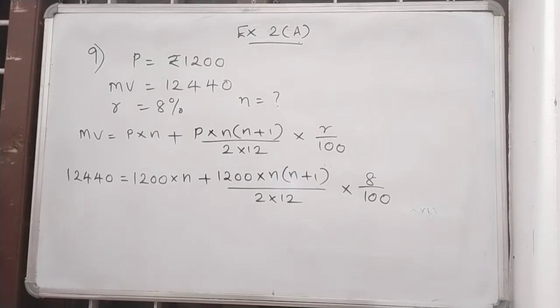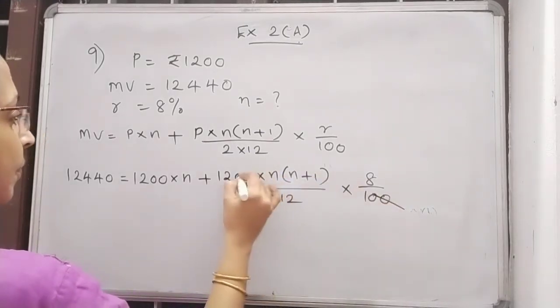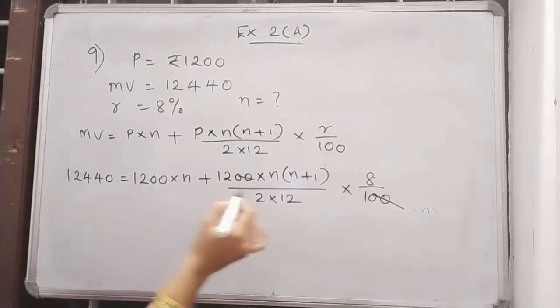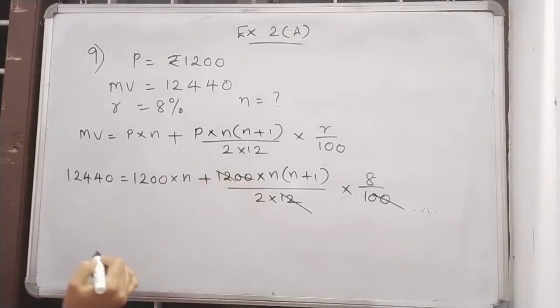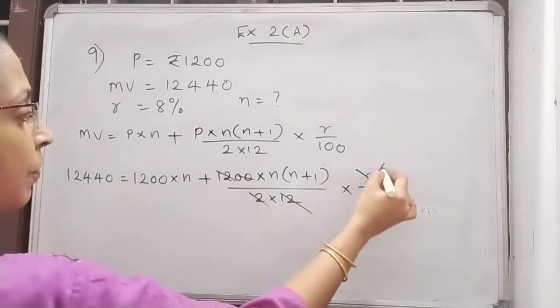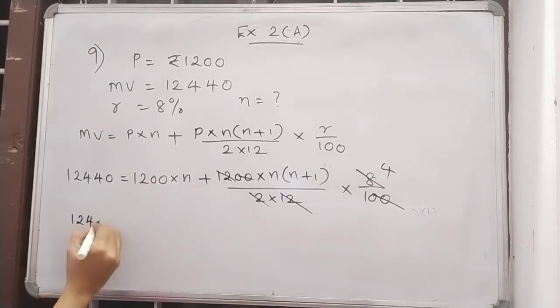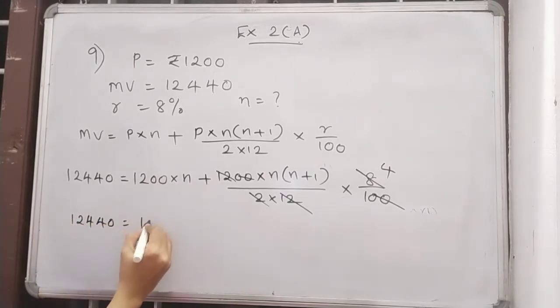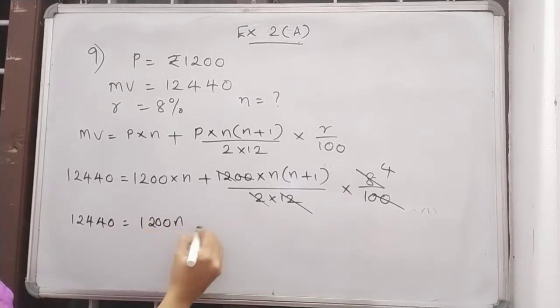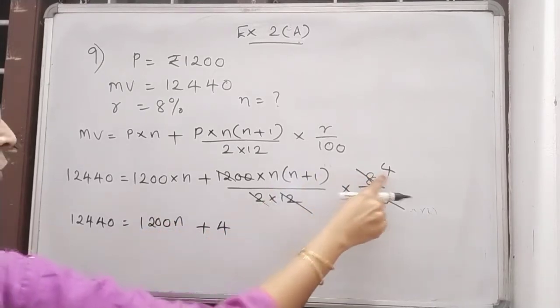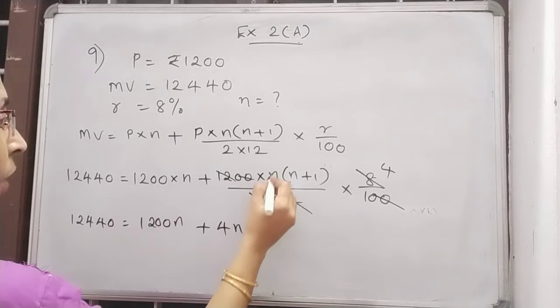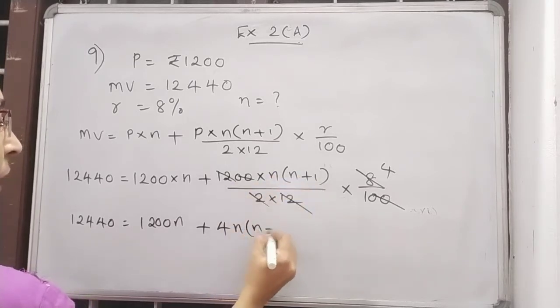So the zeros we can cancel, then we can cancel this 12, then 2 and 8 gives 4 times. So 12,440 is equal to 1200 n plus 4n into n plus 1.